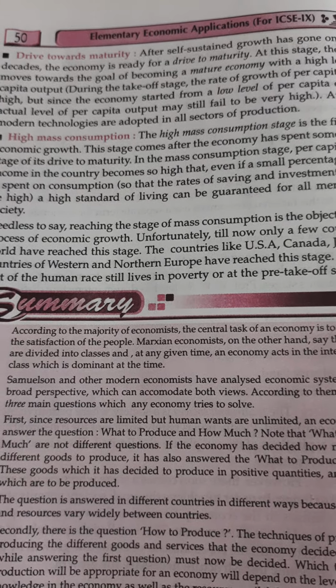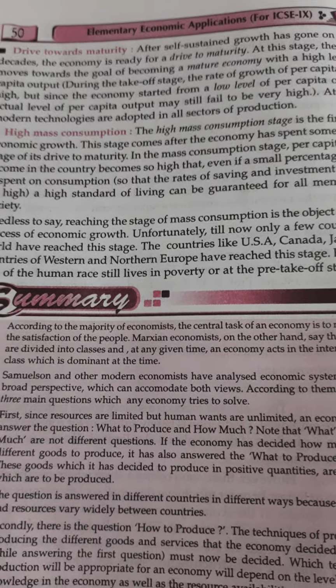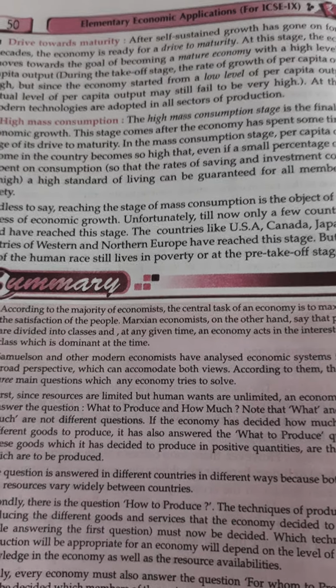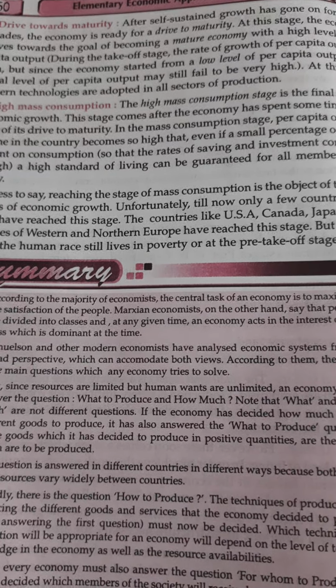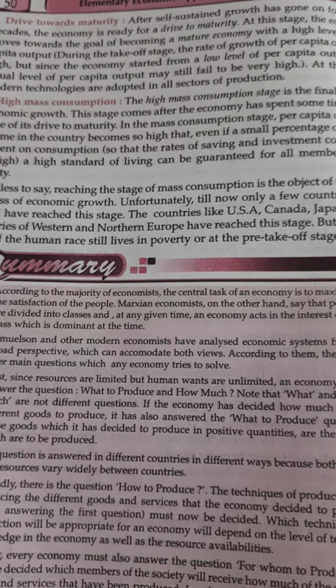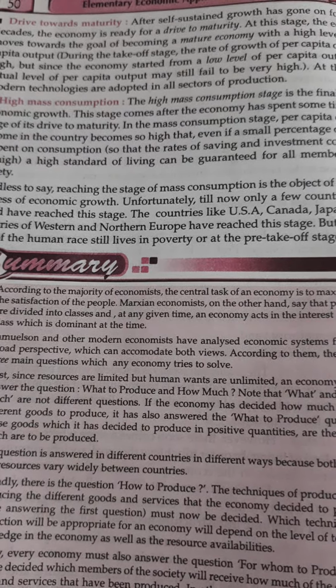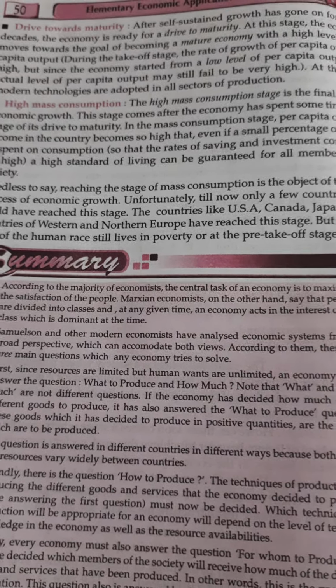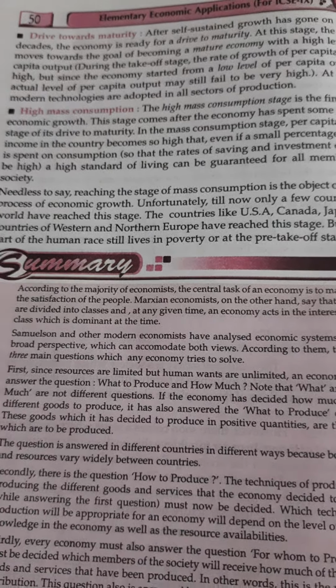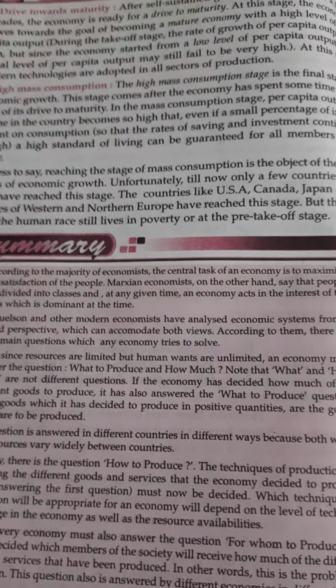The last stage, that is the matured stage, is where they have high mass consumption. A huge amount of consumption commodities are produced in this stage. A huge amount of consumption. Even countries which fall in the high mass consumption category often suffer from excess of supply. This is the ultimate thing.